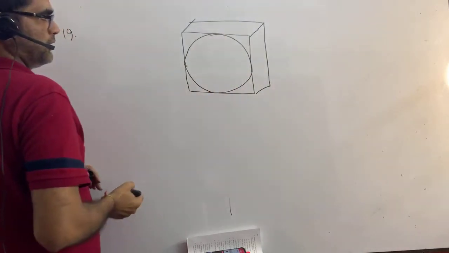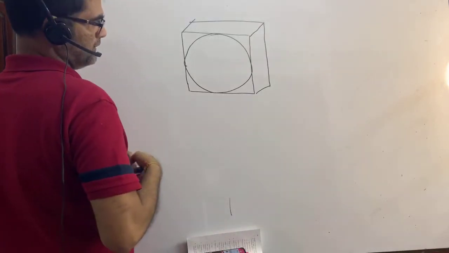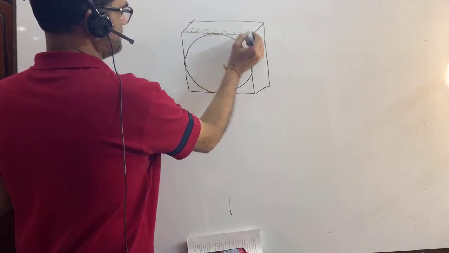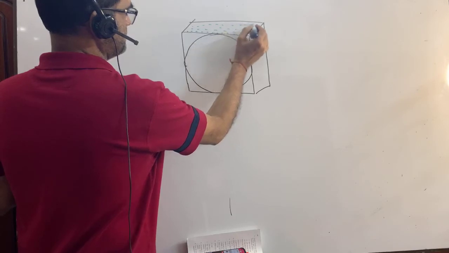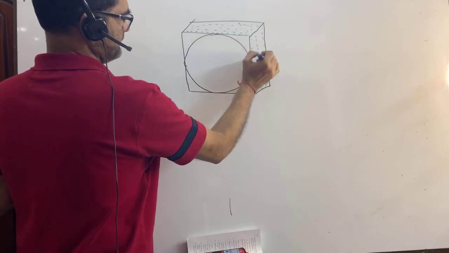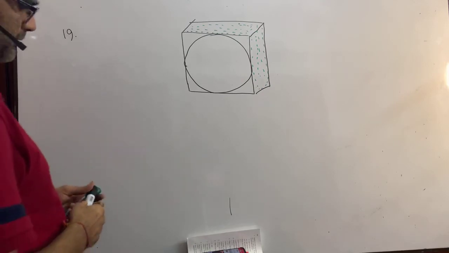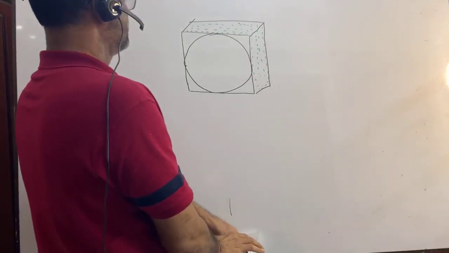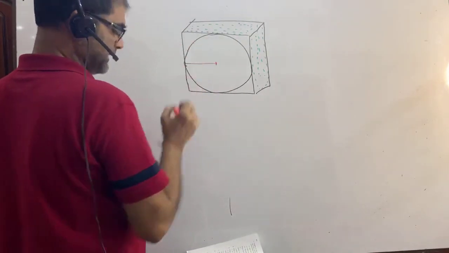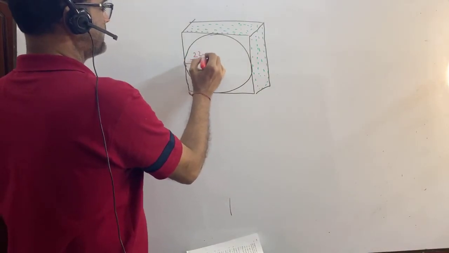In this way we are going to draw it. Okay, that means it is a spherical ball whose radius is given as 22 by pi centimeter.